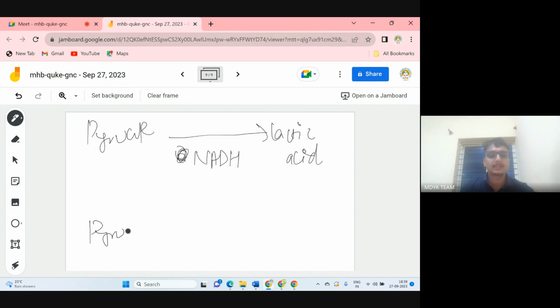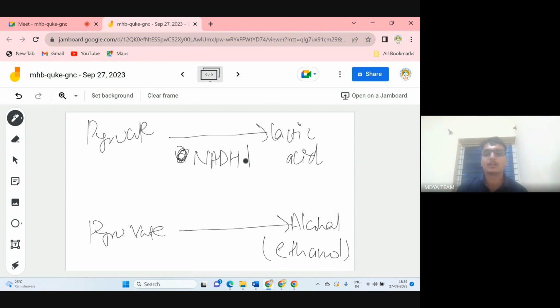This pyruvate, like in yeast and others, is converted into alcohol. Which alcohol? That alcohol is ethanol. In this reaction also, 1 NADH is used. So as there are 2 pyruvate molecules from 1 molecule of glucose, there will be 2 NADH consumption here also.